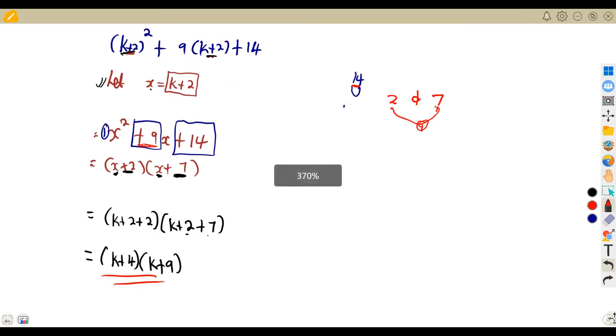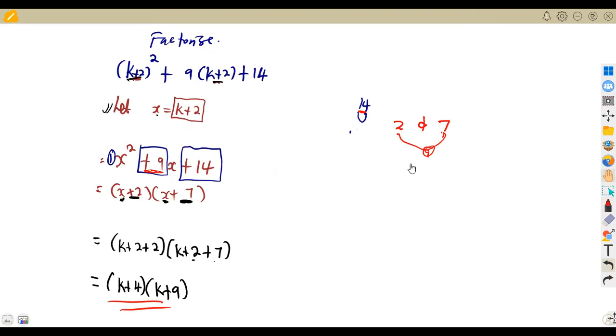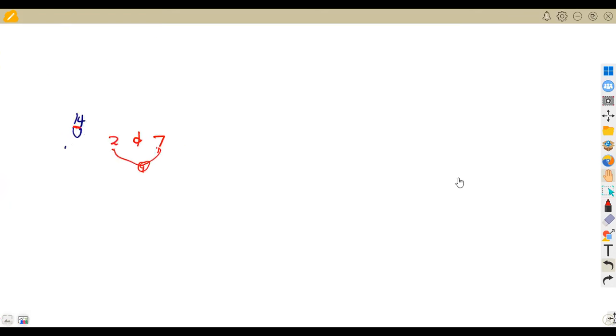Now, when we are given factorization, instead of giving a normal expression, they will give us an expression in terms of certain expression, mostly from the quadratic expressions that we are used to.